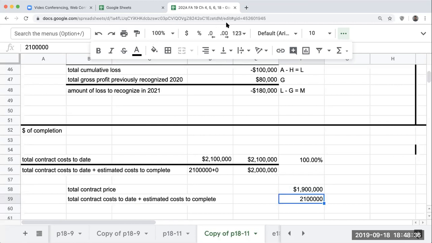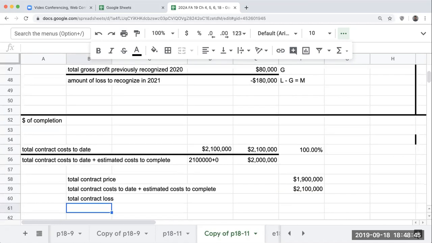So my total contract loss is going to be $200,000.